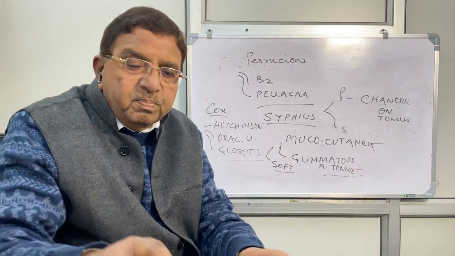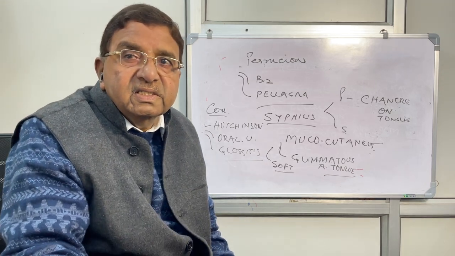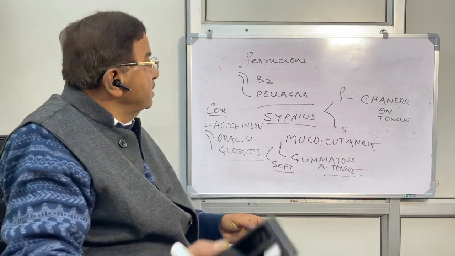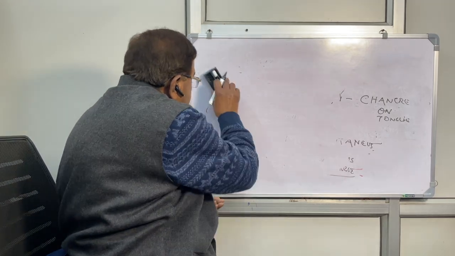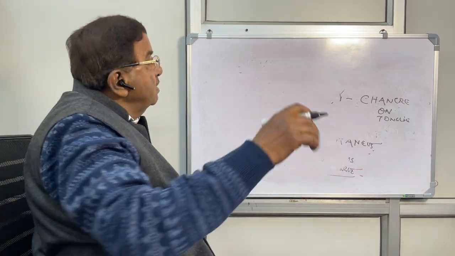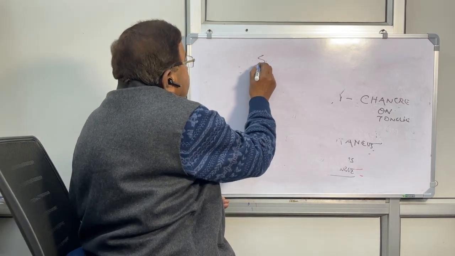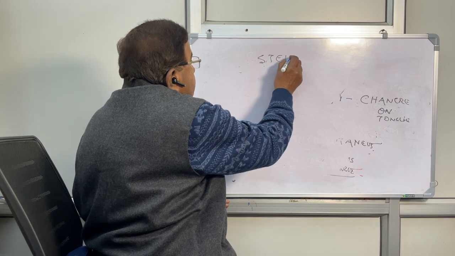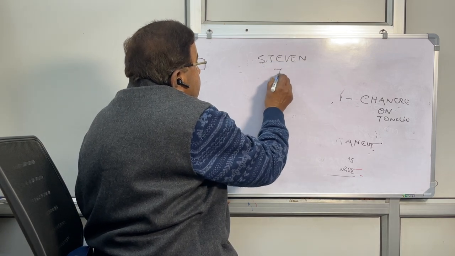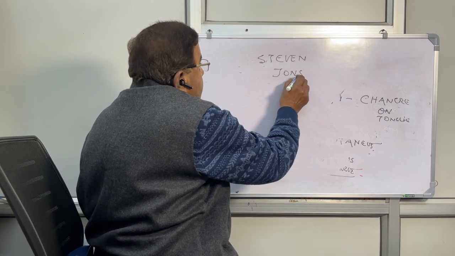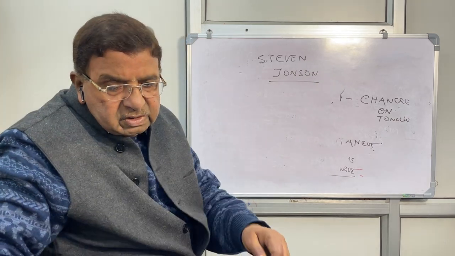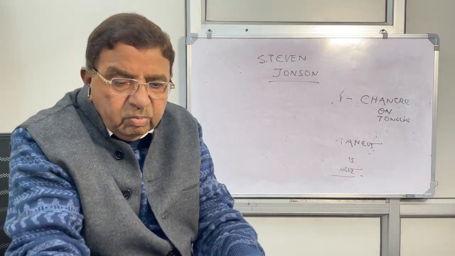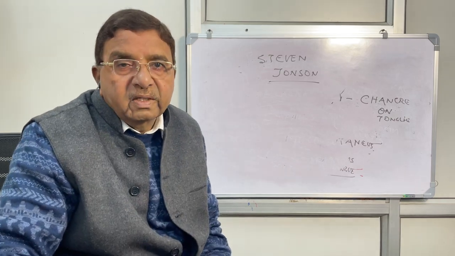Then another very important systemic disease is Stevens-Johnson syndrome. It is usually caused by a side effect of sulfa drugs. Stevens-Johnson syndrome is erythema multiforme.